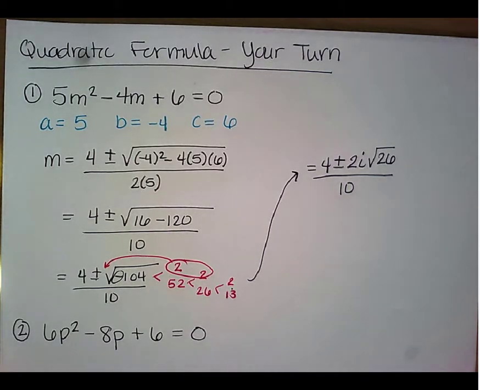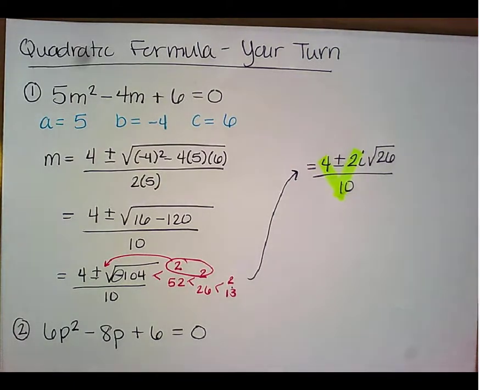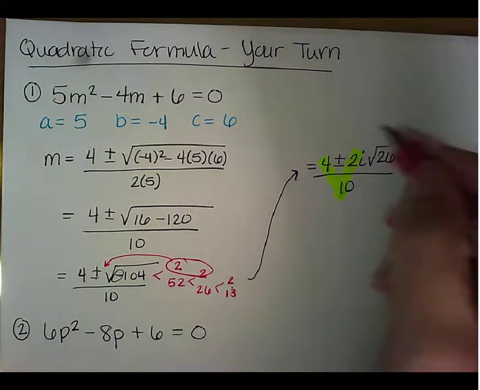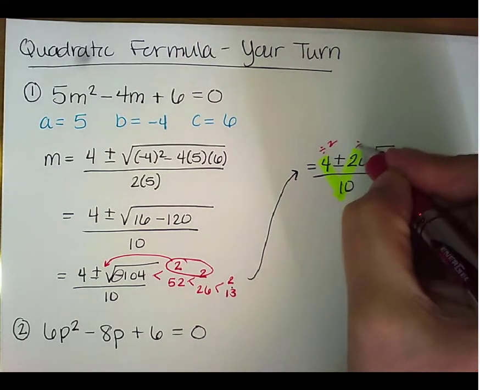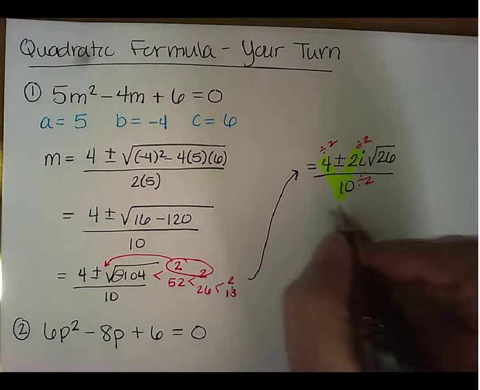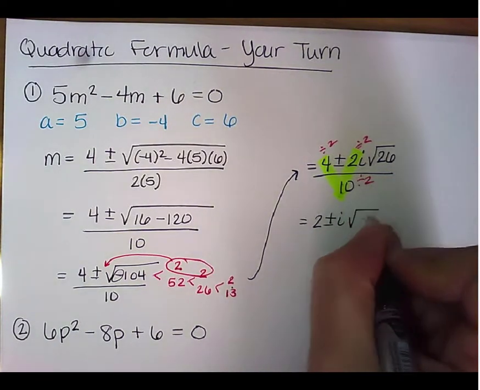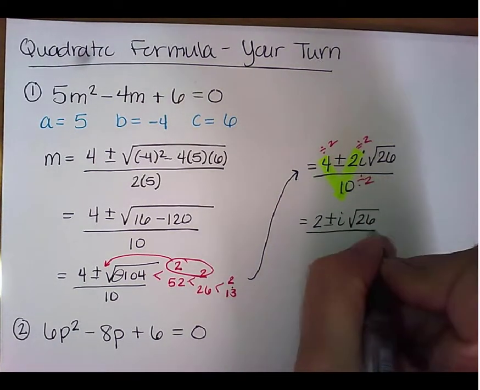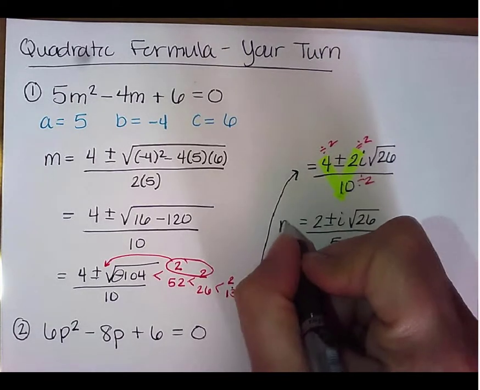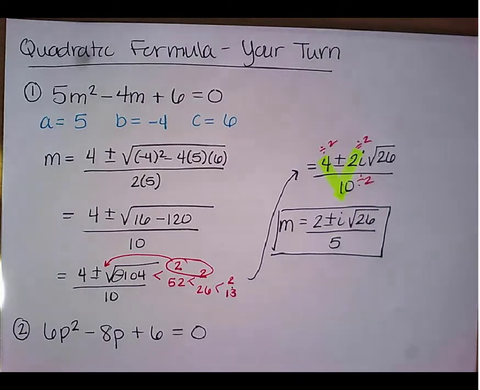And then if we look at those numbers in front, again, notice that 4, 2, and 10 are all divisible by 2. So we're going to divide out a 2 out of all 3 of these. That's going to end up giving us 2 plus or minus i square root of 26 over 5. So M is equal to all of that goodness right there.